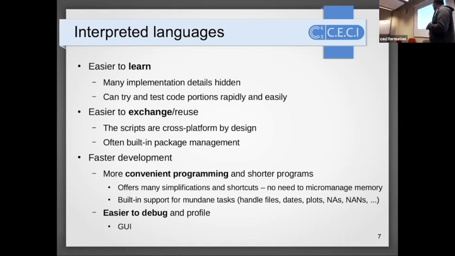It's also easier to exchange and reuse because the scripts are cross-platform by default. When you bring your script to another machine, it's the interpreter that has to be changed, not the script itself. So it's a very nice feature. A Python program running on my MacBook can also run on an Android phone, provided that there's a Python interpreter for the phone.